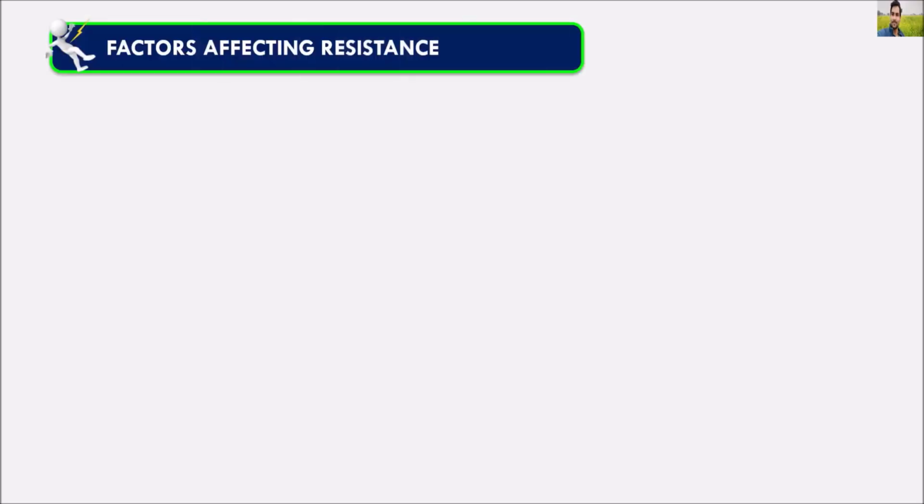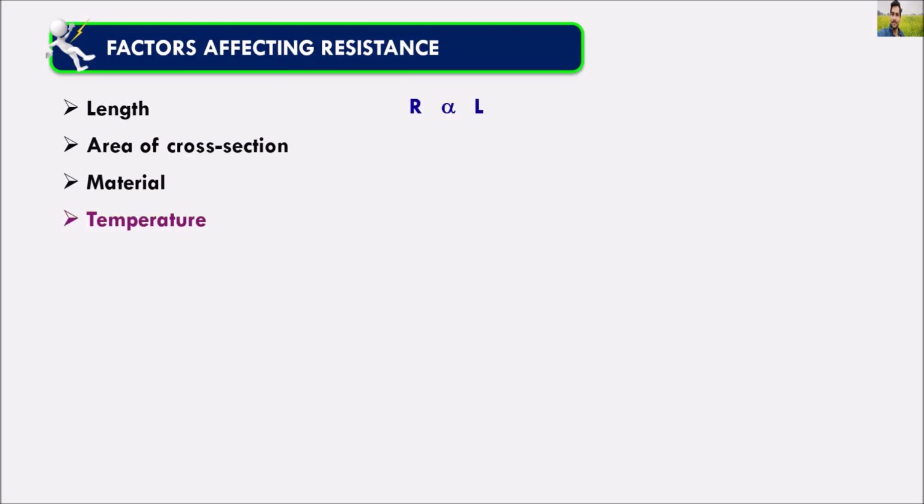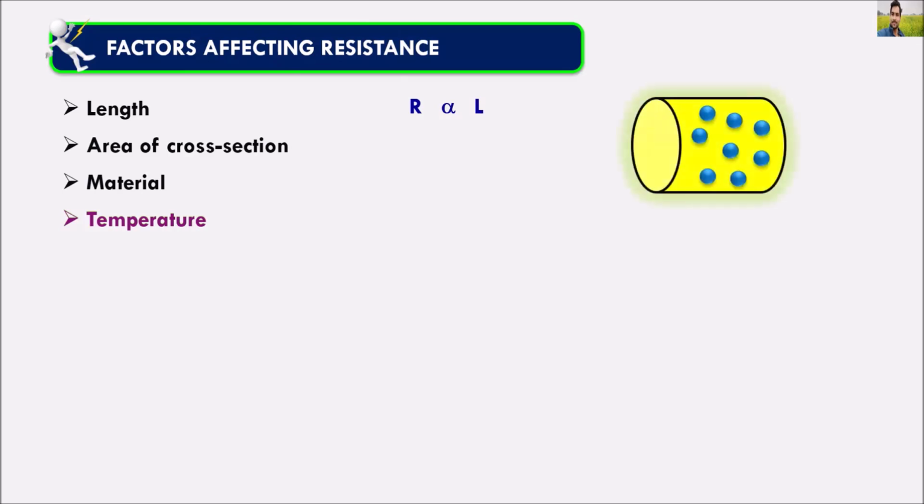Factors affecting resistance: length, area of cross section, material, and temperature. Resistance is directly proportional to length. It means if a wire has more length, the resistance will be higher, and vice versa is also true.